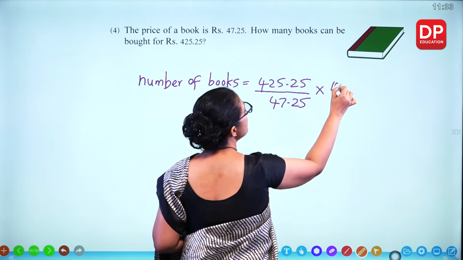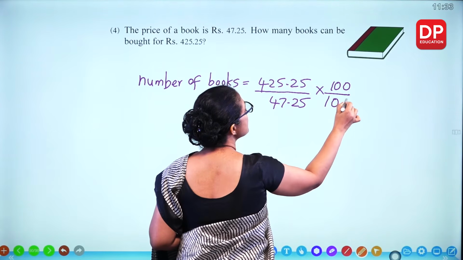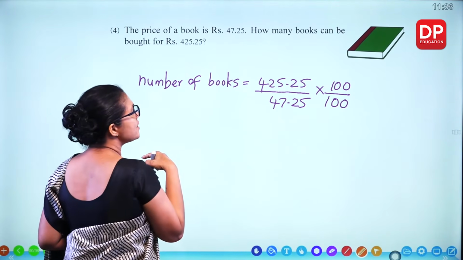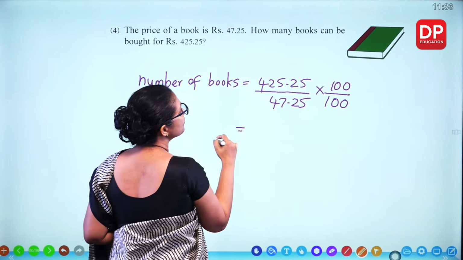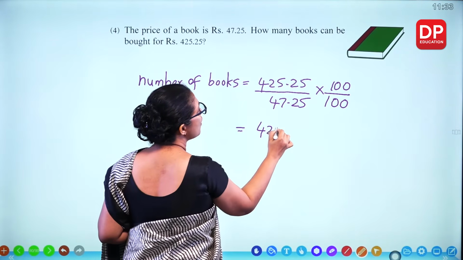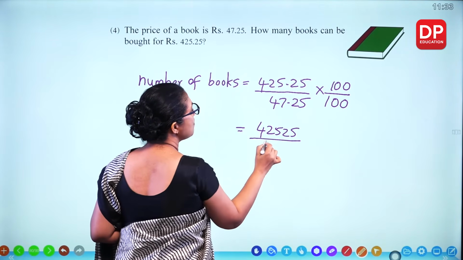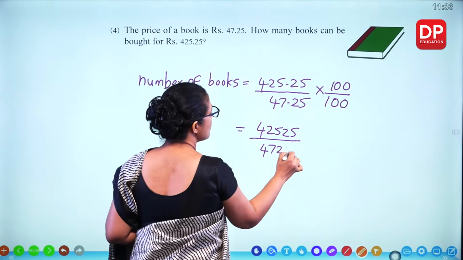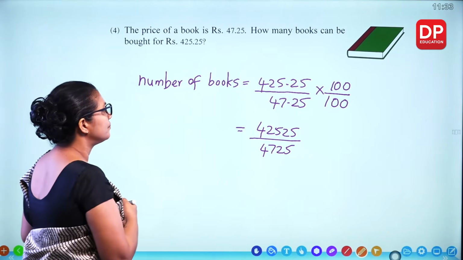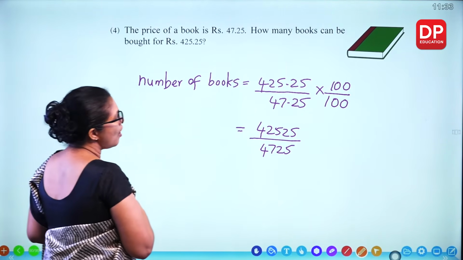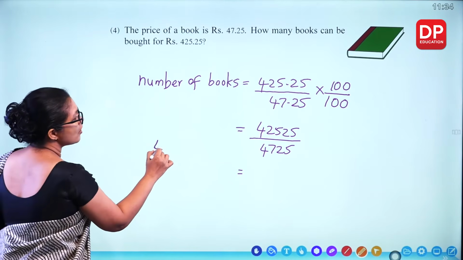Multiply by 100 to get rid of the decimal point. 42525 divided by 4725. So how many? So we'll do long division.